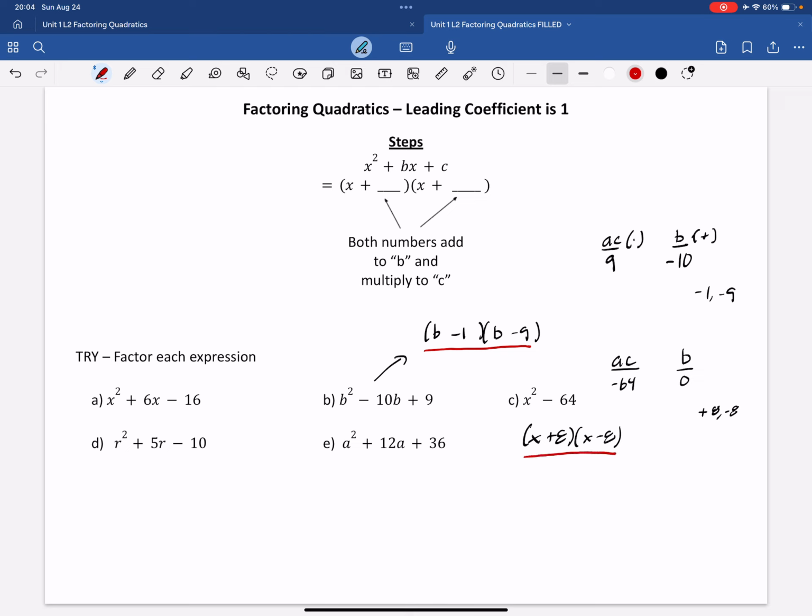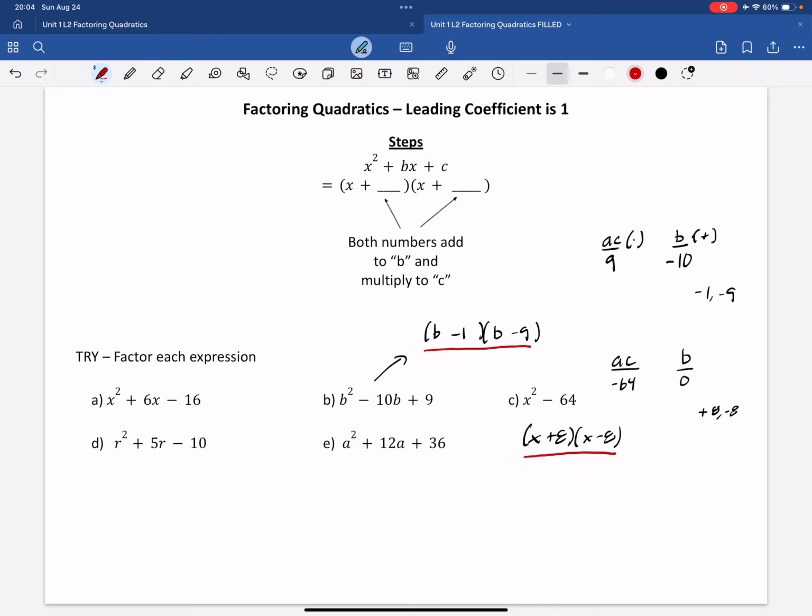Let's do one more. Maybe that doesn't factor. Or let's try. Let's look at letter D. Okay? So in letter D, AC is negative 10 and B is 5. Let me do it consistently the way I've been doing it. AC is negative 10. B is positive 5. Okay, and guys, this is how we know, we will get one that doesn't work, right?